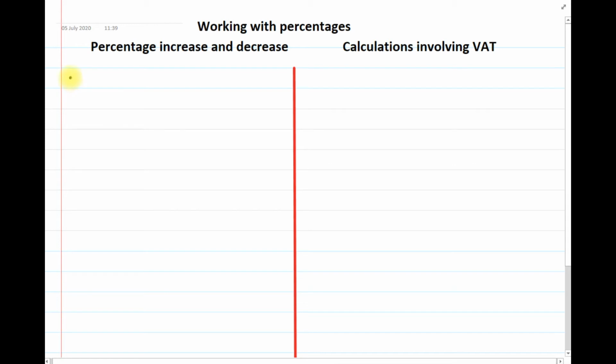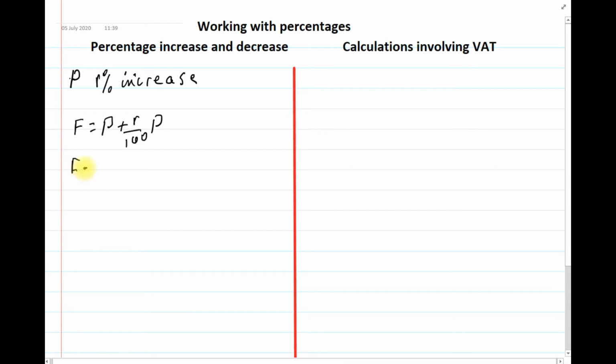So if P is our original price, and R is the rate of increase, then I can write that the final price is equal to the original price plus R percent of the original price.